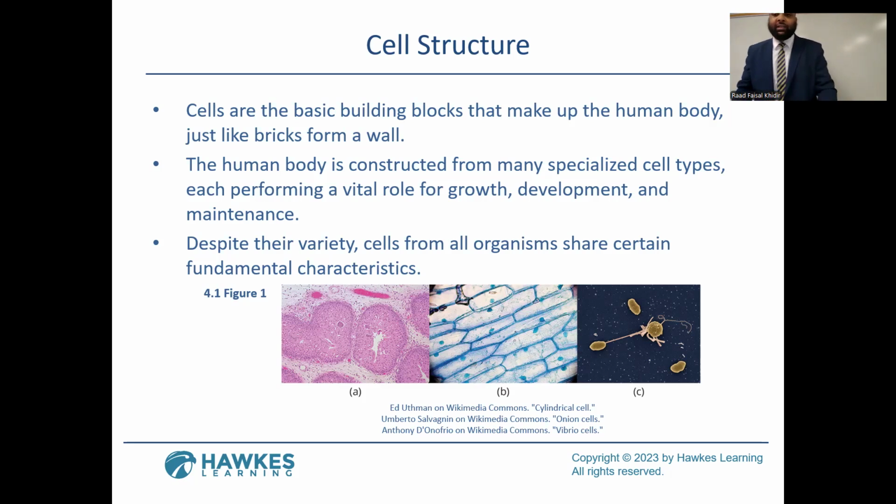They all have the same genetic information. The human body is constructed because you have these different systems that have different functions. Therefore, they need to have different cells. But all the cells have one thing in common. What is it? They all have the same DNA.